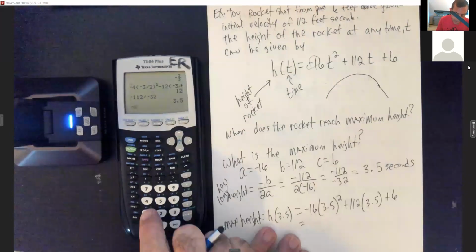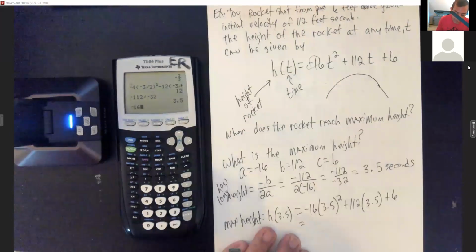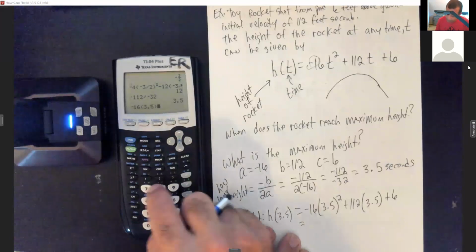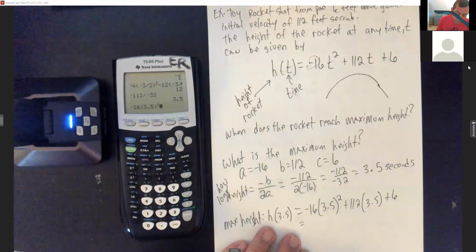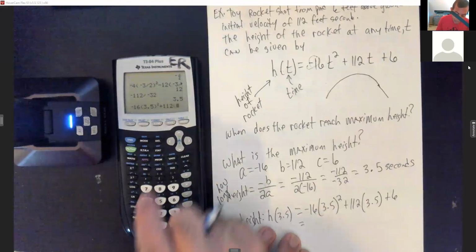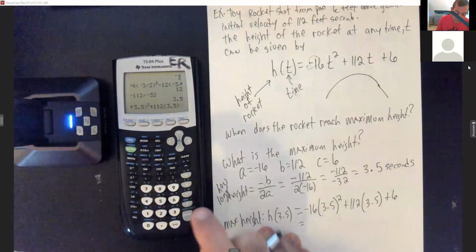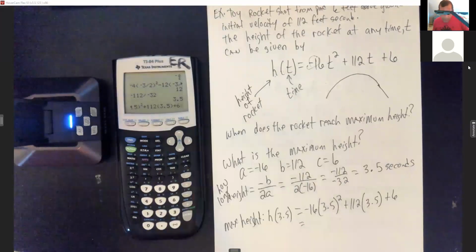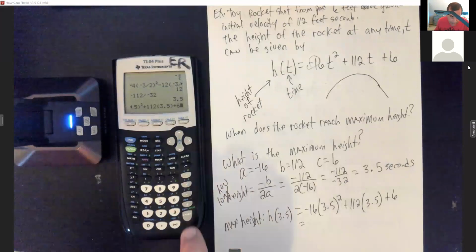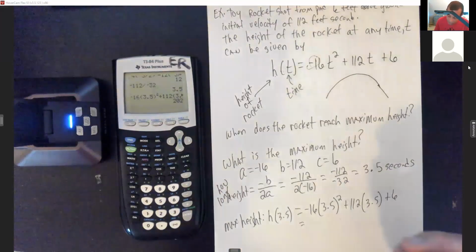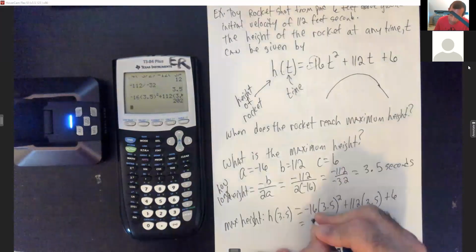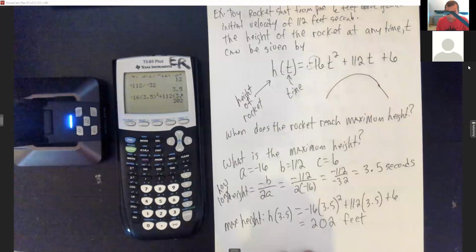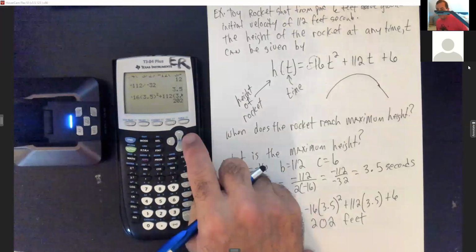Negative 16 parentheses 3.5 squared plus 112 times 3.5 plus 6. And then enter. Oh, that came out nice. That looks like 202. Which means my rocket went 202 feet into the air.